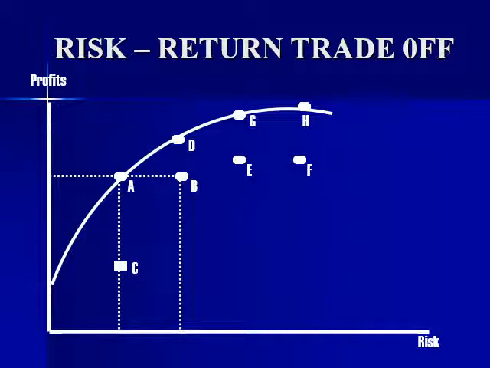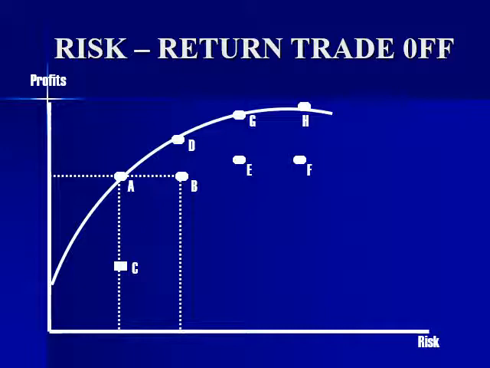And we can define these by combining them and looking at how different components of the portfolio can be combined. And that line there that's defined by A, D, G, and H defines what we call the efficient frontier. In other words, it is the combination of components within that portfolio that give us the highest level of return for a given level of risk.